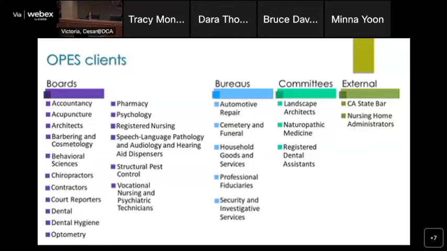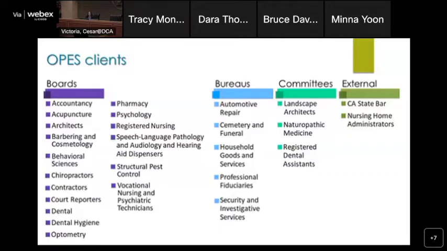Within this slide here in these clients you see, we offer a range of services. Some of our boards and bureaus and committees, we do the full scope of exam validation, from developing the exam to assisting in how it's administered, ensuring the scope of practice, various things like that, to maybe some general consulting. For example, your committee, we've done some general consulting in the past.